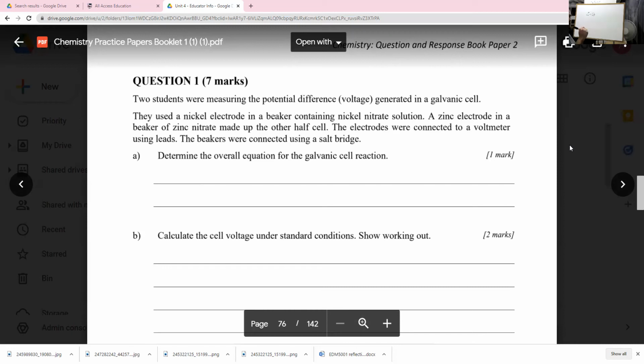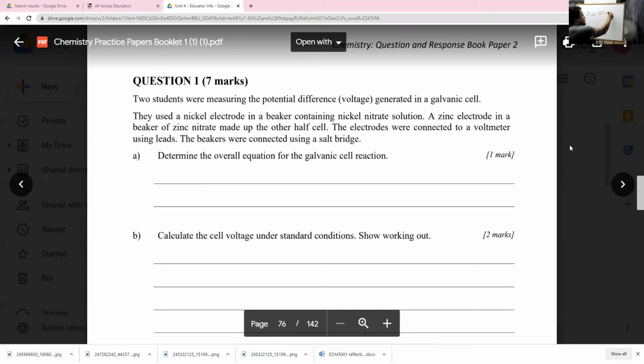Because it's going to be what, Kai? It's going to be oxidized. Our nickel is going to start as a 2+ ion because it is going to be reduced.